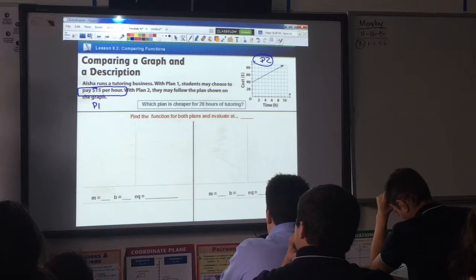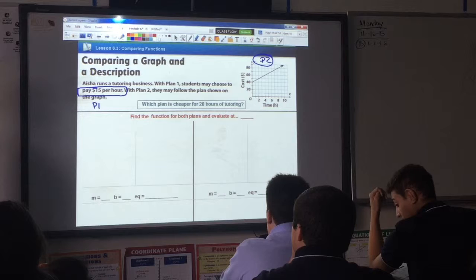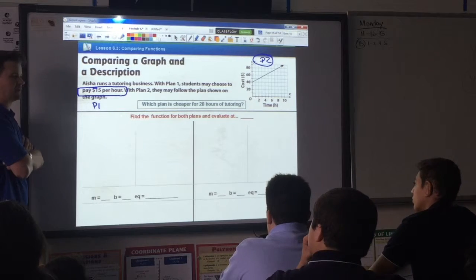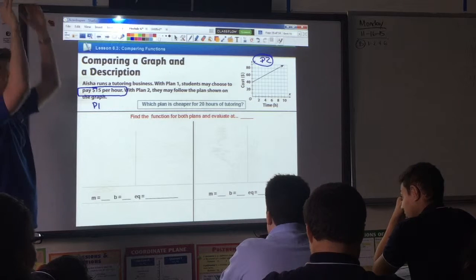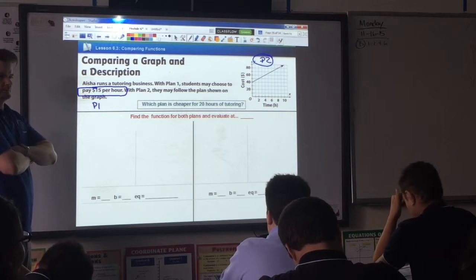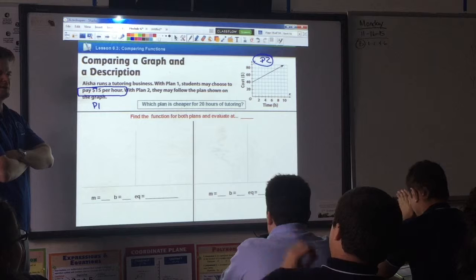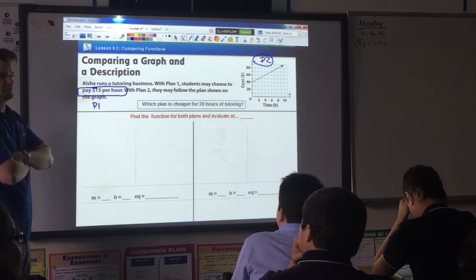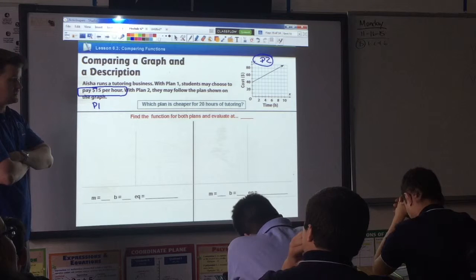Looking at this situation, do I see any keywords that indicate change there? Yes or no, Sean? Yeah, per. Per indicates change. So my slope here is going to be 15. What's my y-intercept though? It's 0. Let's think about this in a real world context. Why is it 0? It says she charges them $15 per hour. $15 per hour, that's it.